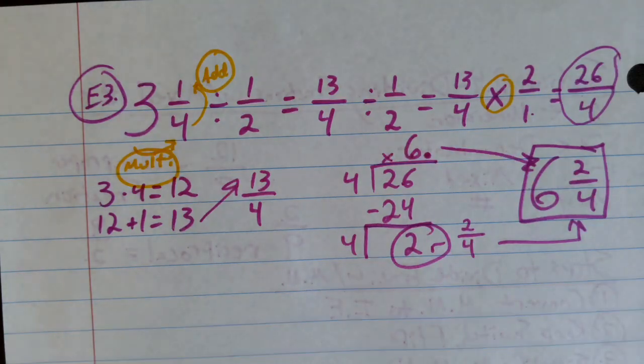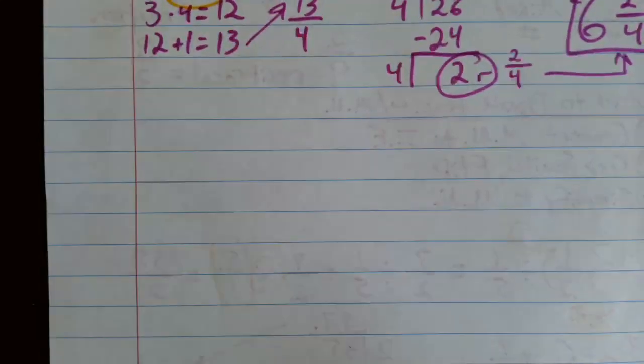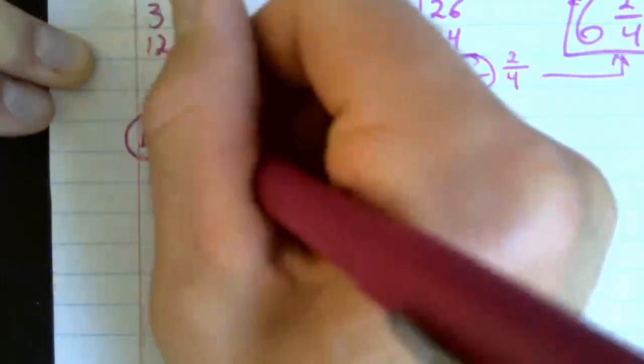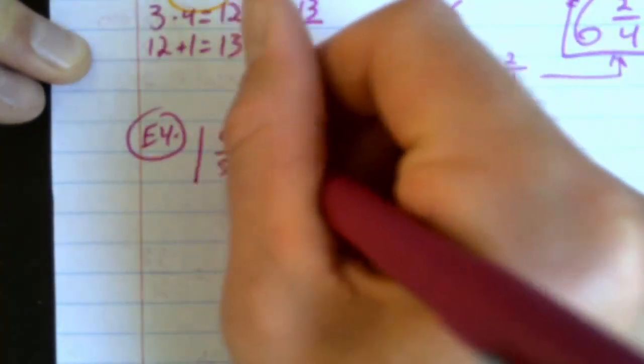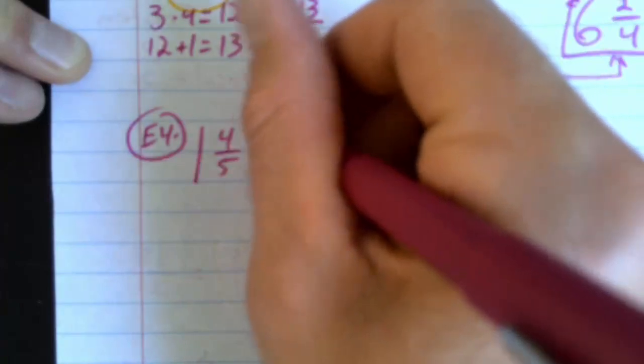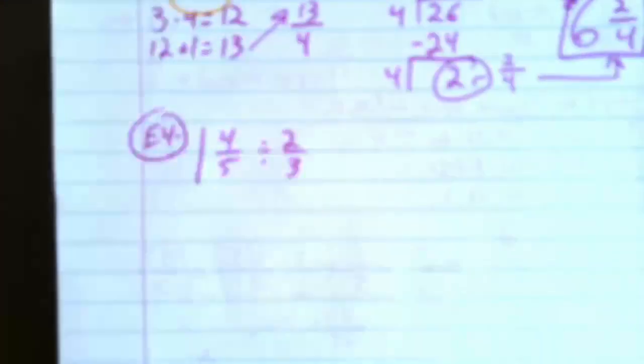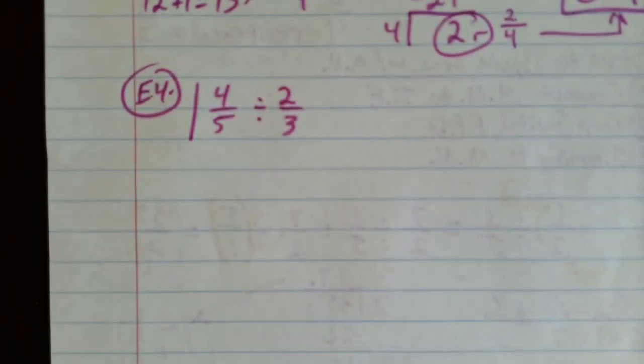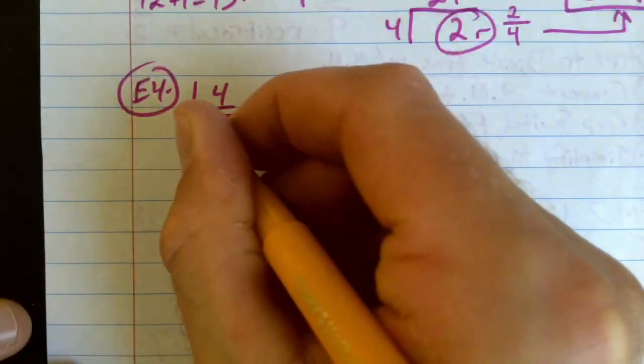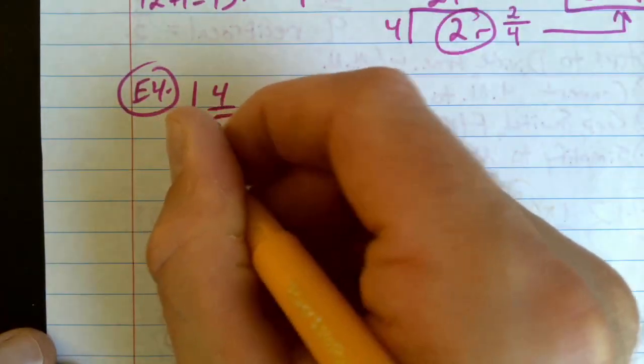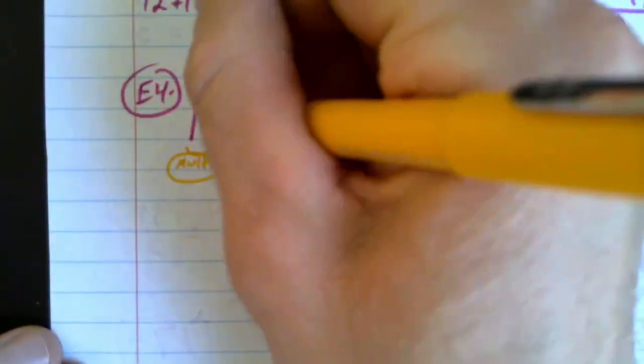Let's try one more. Go ahead and write E4. And E4 is 1 and 4/5 divided by 2/3. We know step 1 is switch that mixed number to an improper fraction, so write multiply.